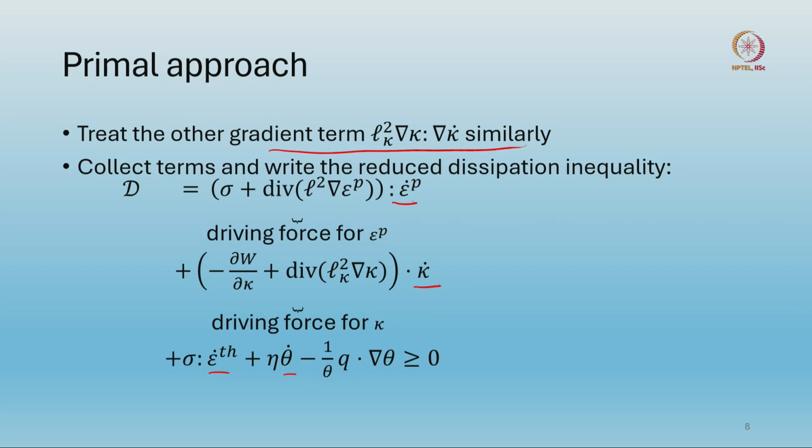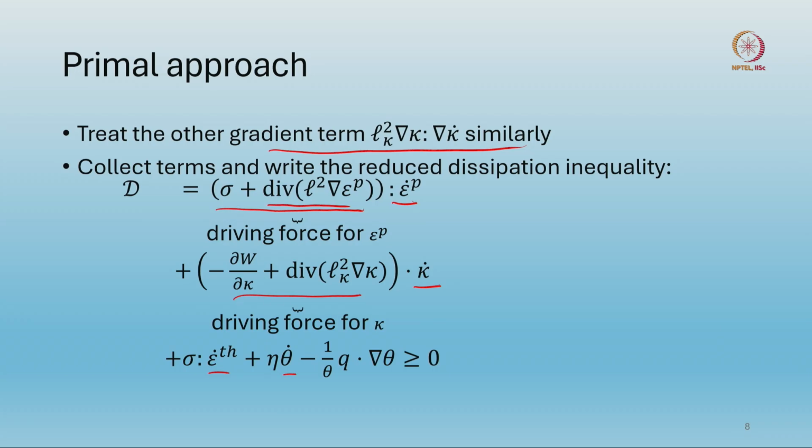Now you see that so far, for epsilon p dot, the factor that we have been getting in all our experience with other models is just sigma. Now we have an extra term here, the divergence of L square grad epsilon p, which is an extra term in the plastic flow. Similarly for the hardening term, a similar expression involving the gradient of kappa is there.